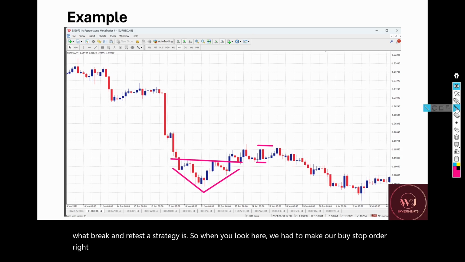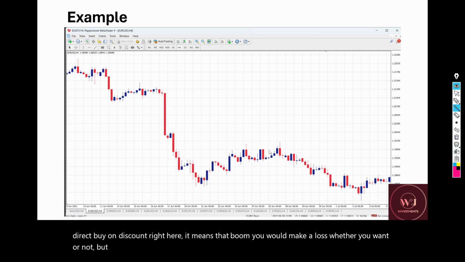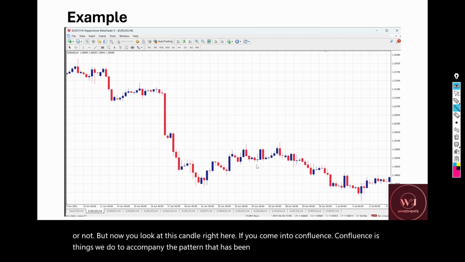Now when you go into confluence, if you had made a direct buy on this candle right here, it means that boom, you would make a loss whether you want it or not. Confluence is things we do to accompany the pattern that has been formed, or to accompany something you're using to trade.